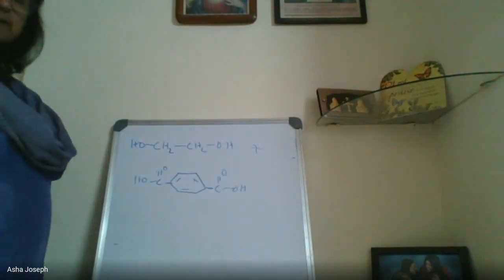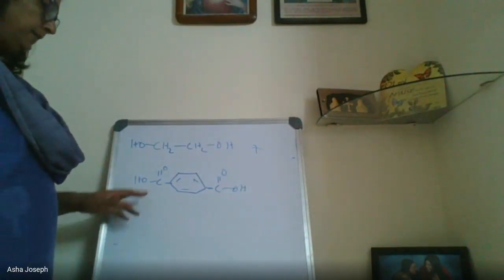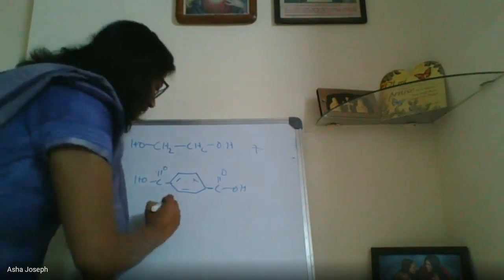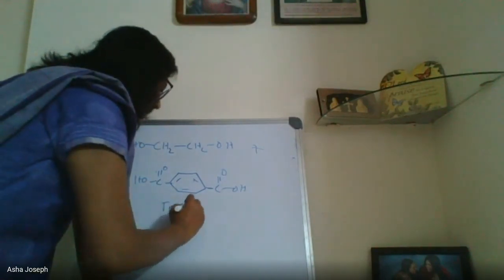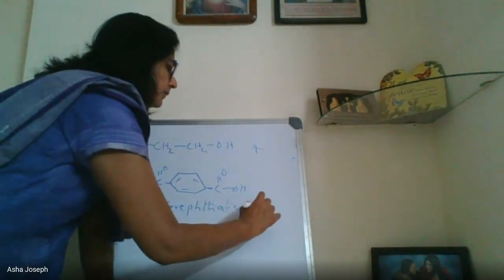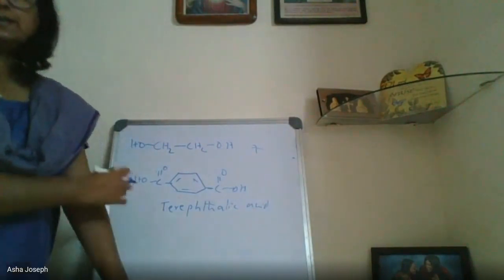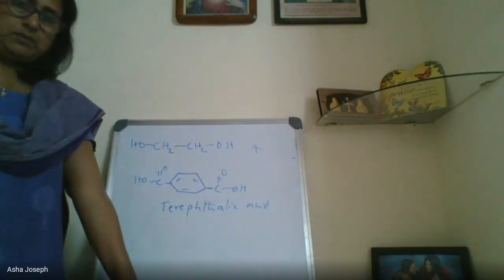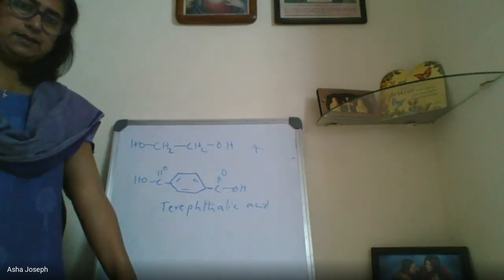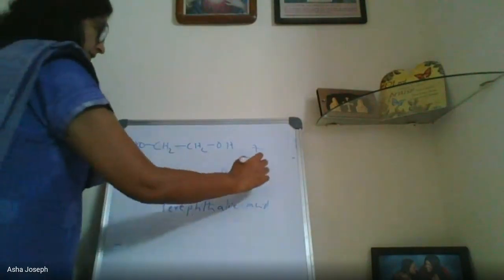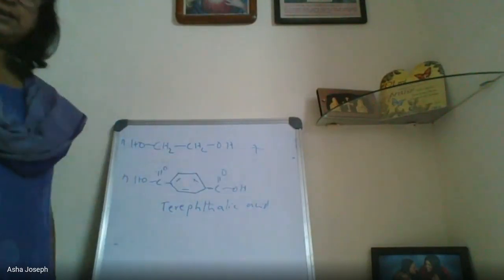This is called terephthalic acid. Have you heard about phthalic acid? This is terephthalic acid. So first learn this. The monomers for terylene, ethylene glycol and terephthalic acid, n times this plus n times. Learn that.